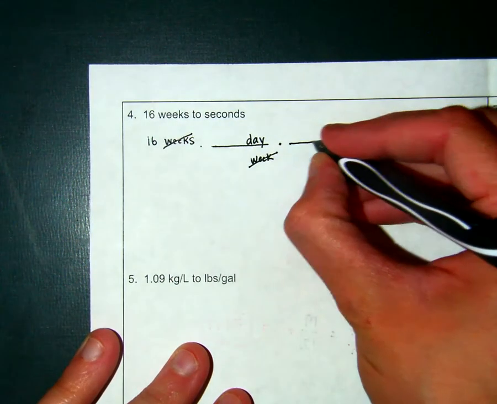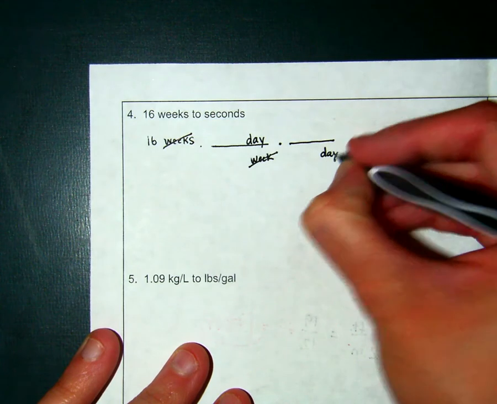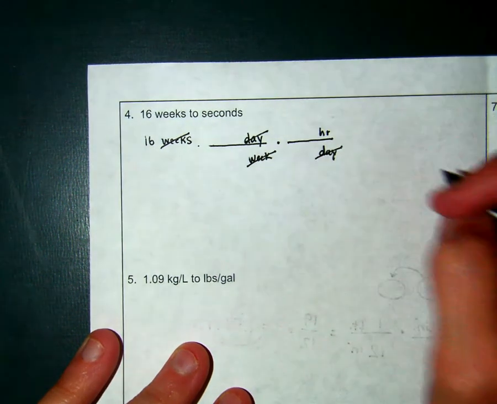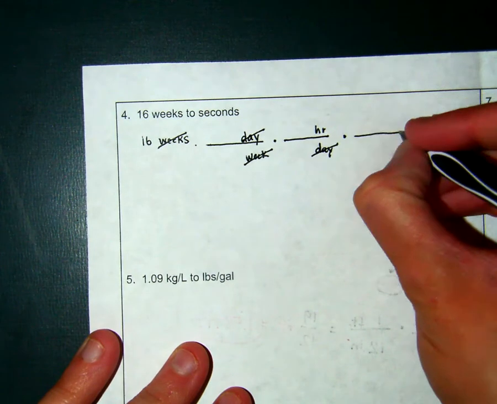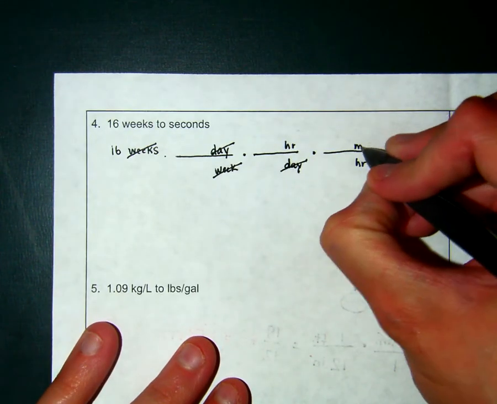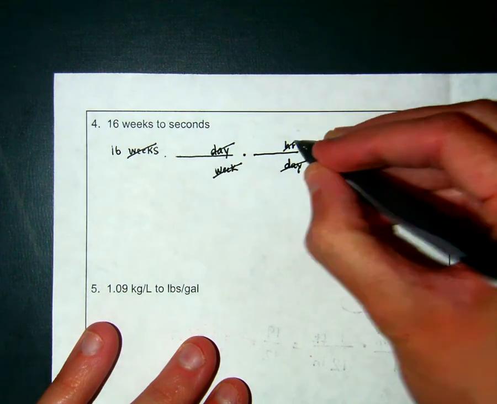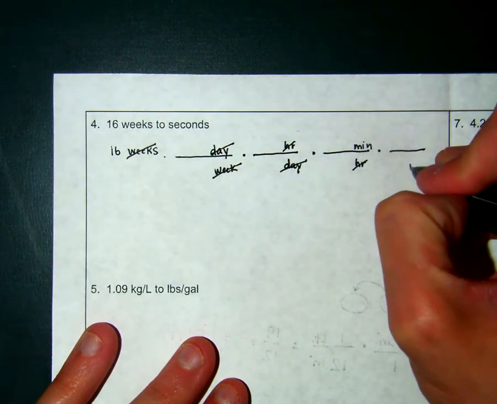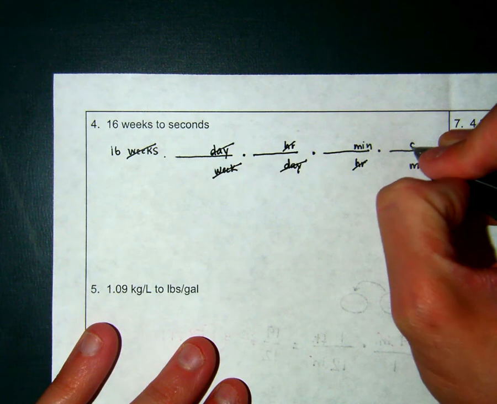I know how many hours are in a day. Still not to seconds yet. I know how many minutes are in an hour. Not to seconds. I know how many seconds are in a minute.